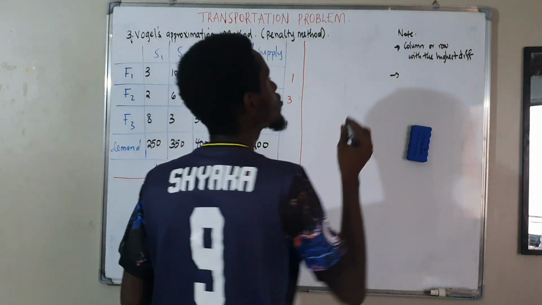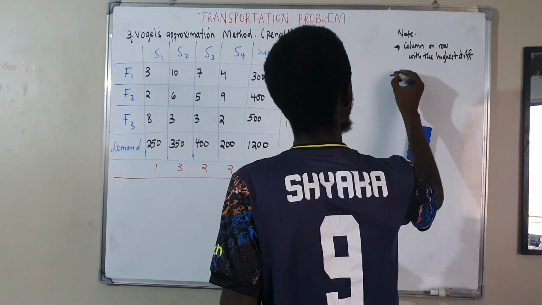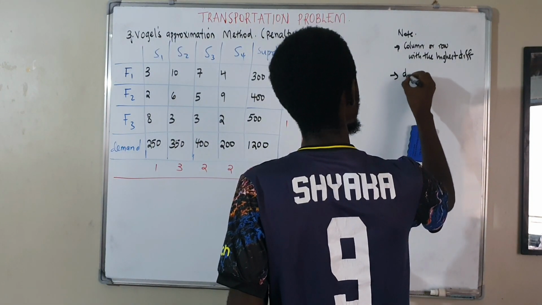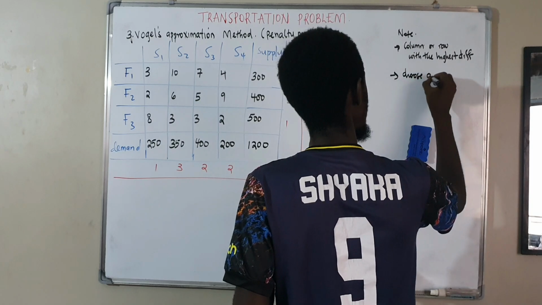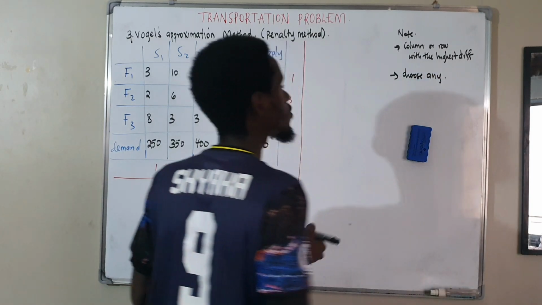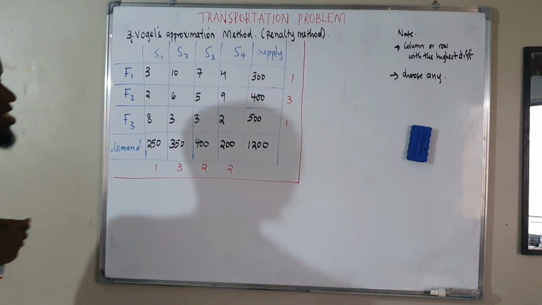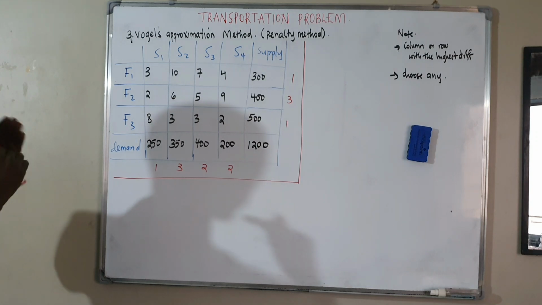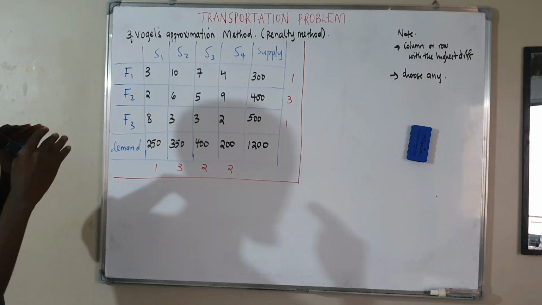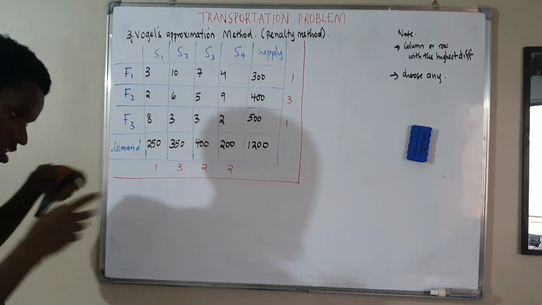We shall choose arbitrarily. We shall just choose any one to start with. We may choose a given row or a given column with the highest difference. If the biggest differences are the same, we just choose any to begin with.